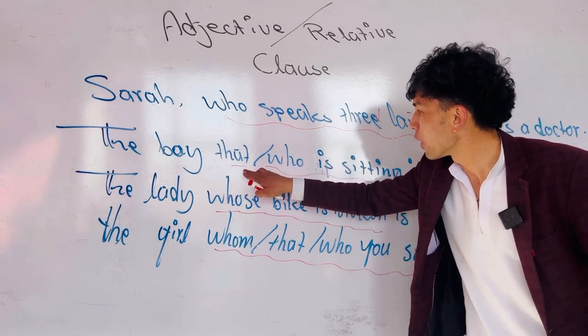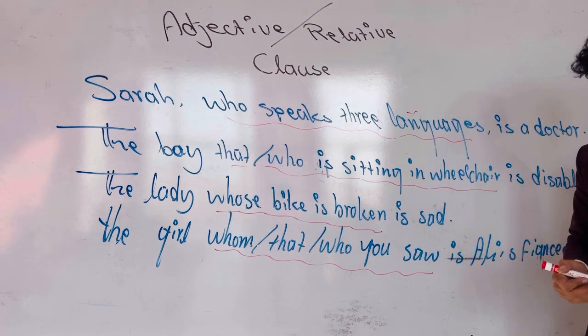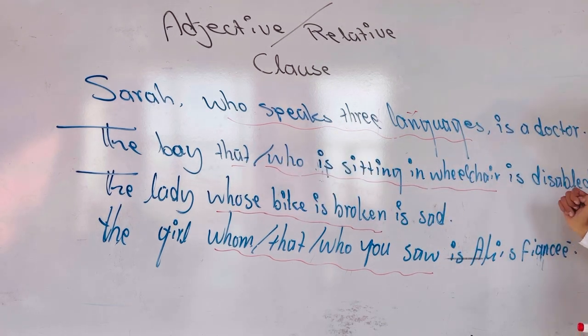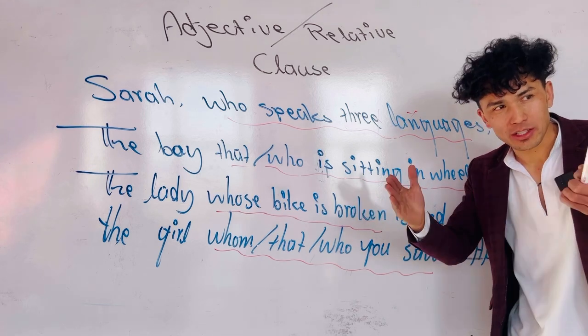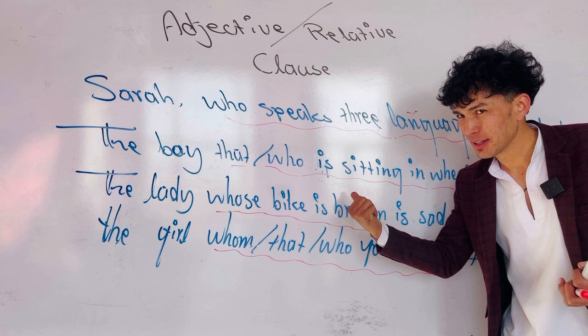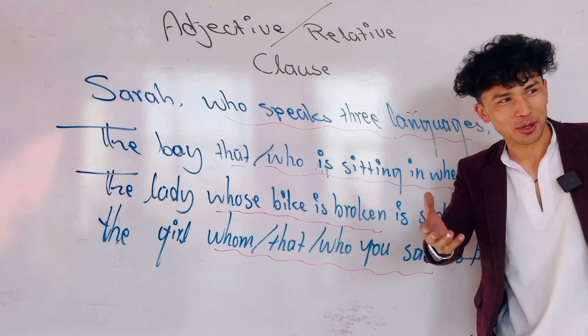Look at this one. The boy who is sitting in a wheelchair is disabled. What if I remove this part? The boy is in a wheelchair. Is the information necessary or extra? Necessary. When there is no adjective clause, we do not know what boy you're talking about.